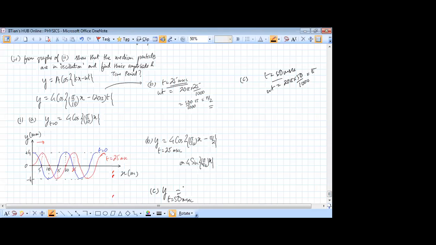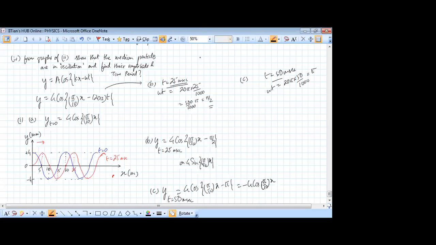So this will become 4 cos(pi by 10 x minus pi). That will become minus 4 cos(pi by 10 x).